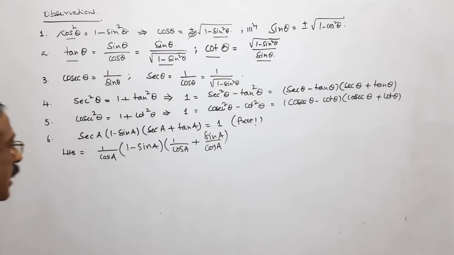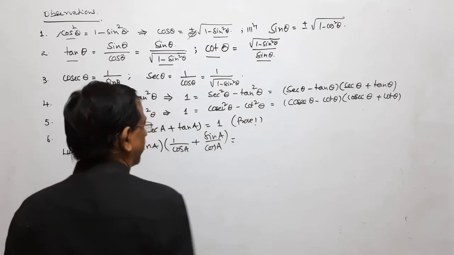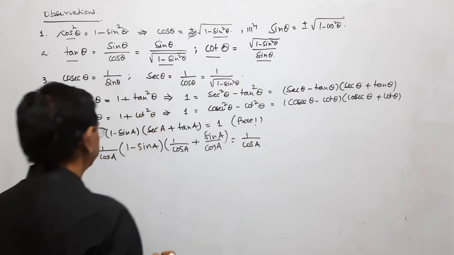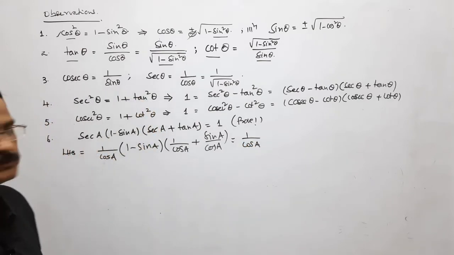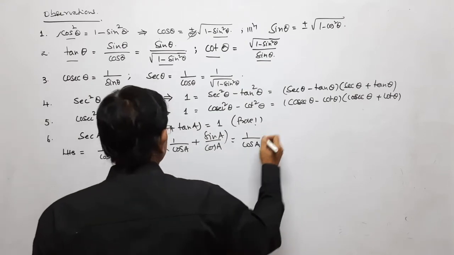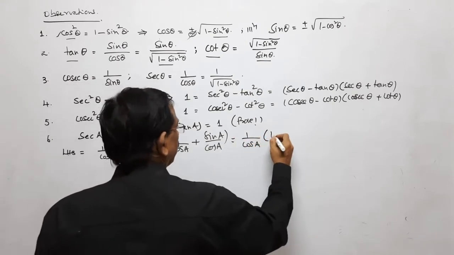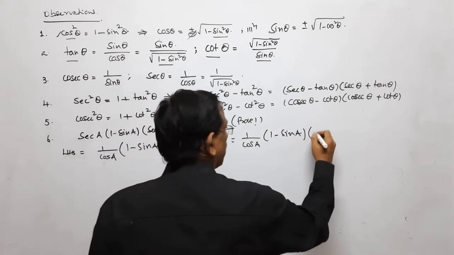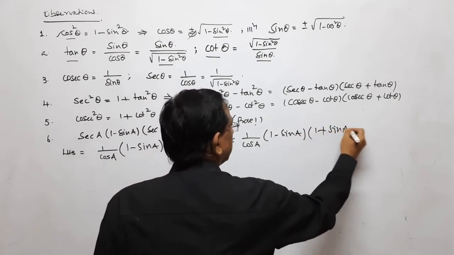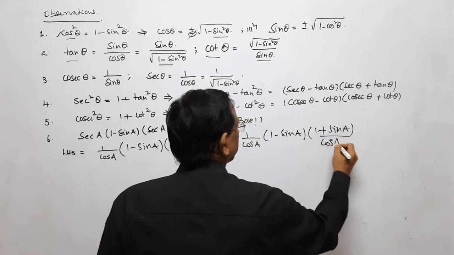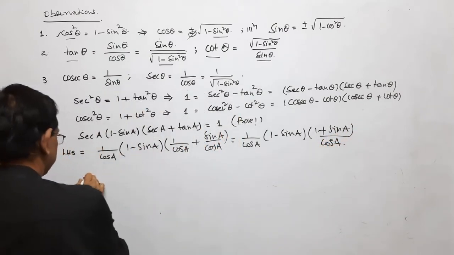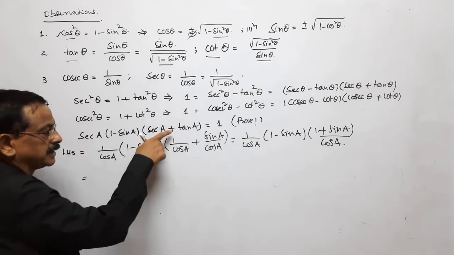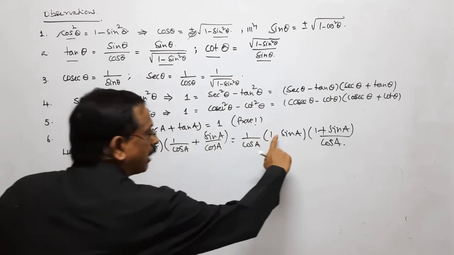Simply I want to write down in terms of sine and cos. So this is 1 by cos A into 1 minus sine A. If I take cos A common, it will be 1 plus sine A by cos A. I'm just writing 1 by cos A, 1 minus sine A into 1 plus sine A by cos A. Now multiply this.